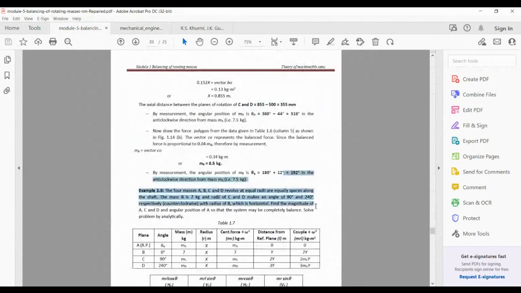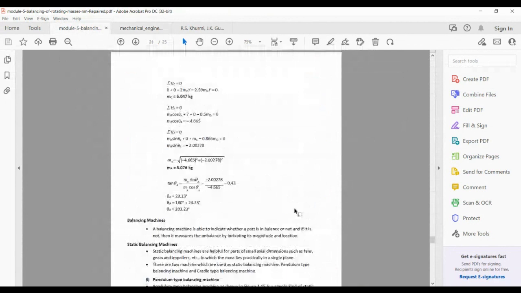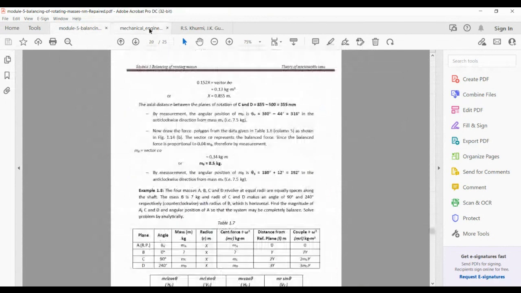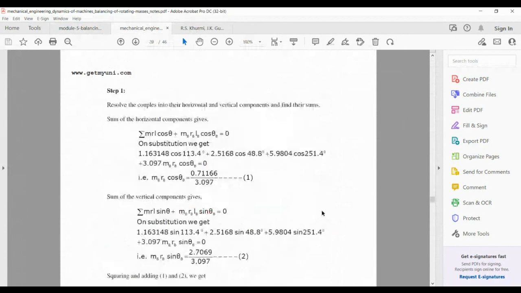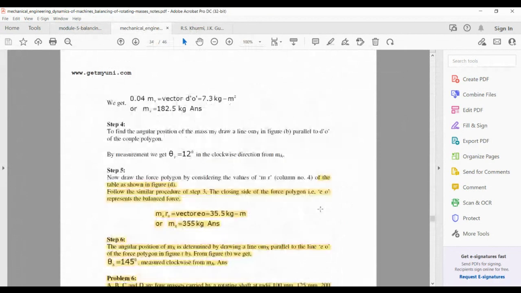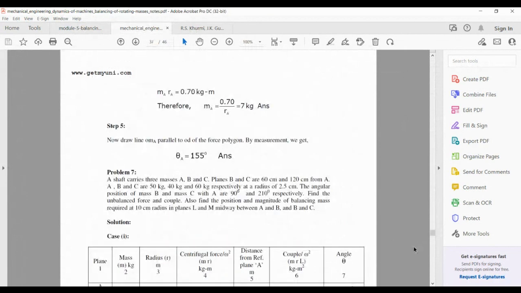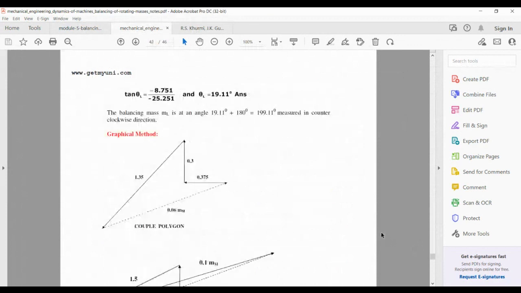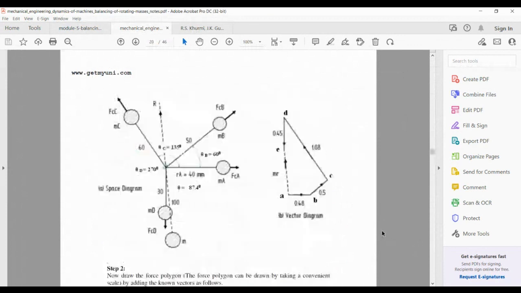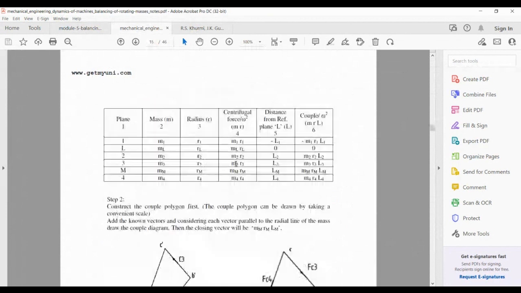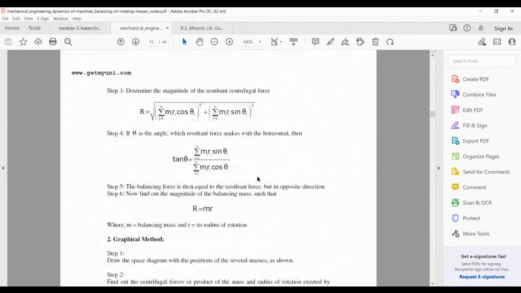There's a lot of them. What's nice is it's all solved, all nice and neat. And the second one is this one. So use this for your practice, so you can't say that you don't have enough practice for balancing, and obviously the exercises in your textbook. But I like these notes. I wish I could have developed enough of them for all your stuff, but unfortunately that's not the case.